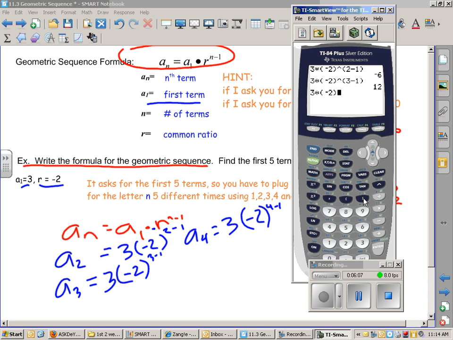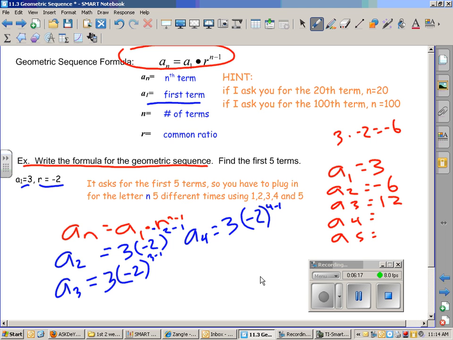Close your parentheses. To what power? The 4 minus 1 power. We need it in parentheses, otherwise, it won't work. It's negative 24. Now, by now, you might be noticing the pattern and think, oh, if I just multiplied each of these by negative 2, it would still work. And that would be correct, but we need practice writing the formula and filling things in.